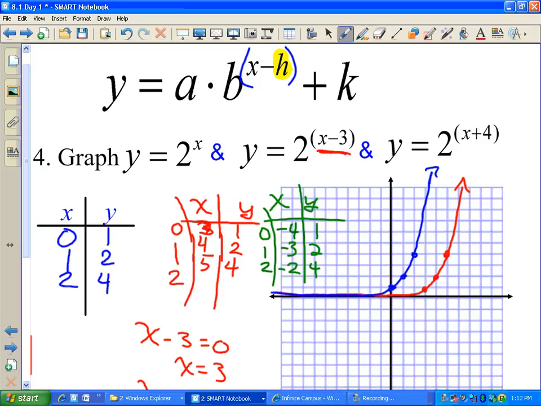When I plot this, -4, 1, -3, 2, -2, 4, this is what my graph looks like.